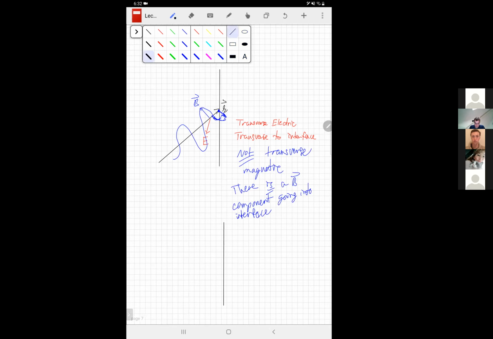So I could consider another interface, another K vector, and I could just have the B field coming out of the page. So now there's no component of B that is going into the interface. There's no component of B that will push into the interface, but there is a component of E.